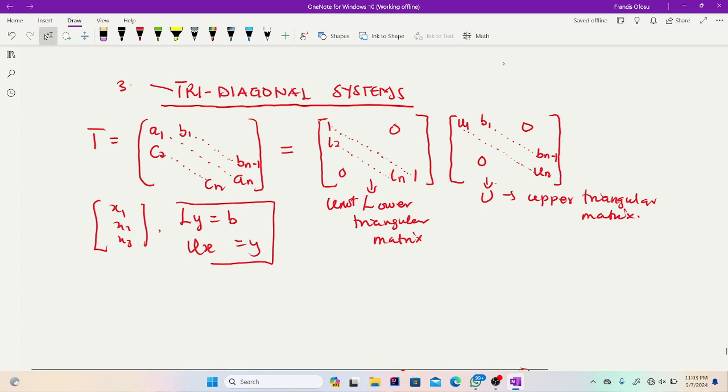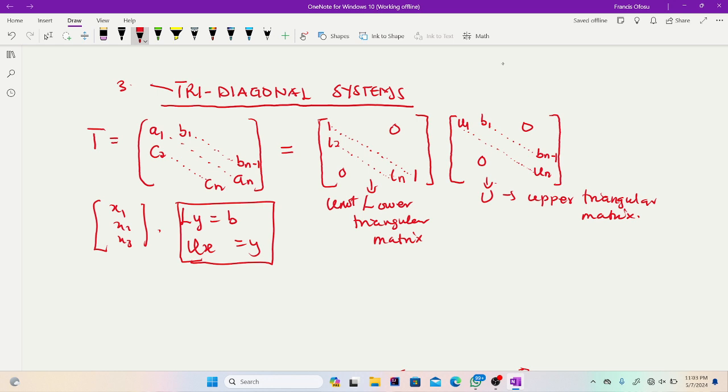This becomes the algorithm for finding solutions to unknowns given any system where you use the LU decomposition. That is what we are applying here, because this is a tri-diagonal system and you have been able to decompose it into L and U form. So I carry the L and multiply by an unknown matrix, equate it to my b. Then whatever I get for y, I'll equate to Ux, and I'm good to go.